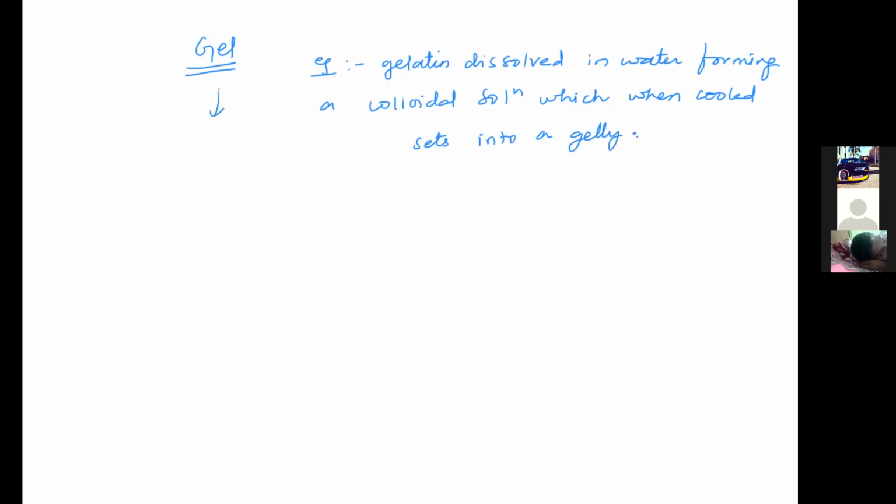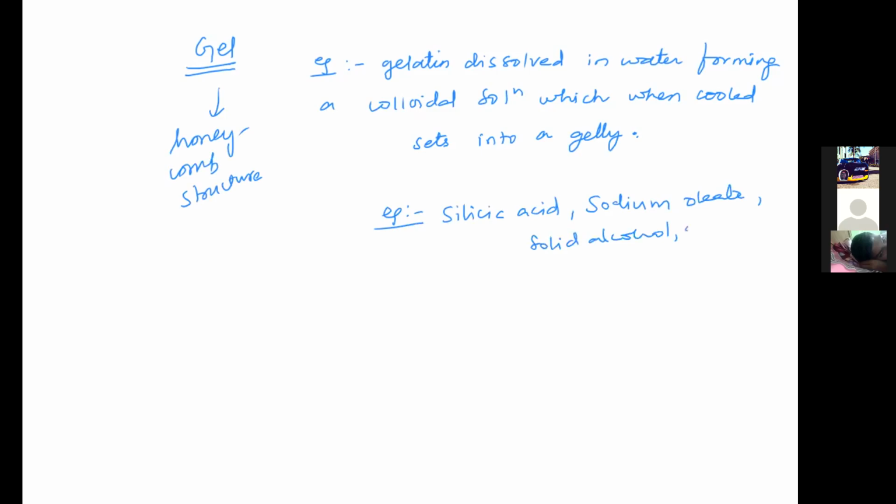A gel actually has a honeycomb structure. Examples of gel again are silicic acid, sodium oleate, solid alcohol, and gelatin.